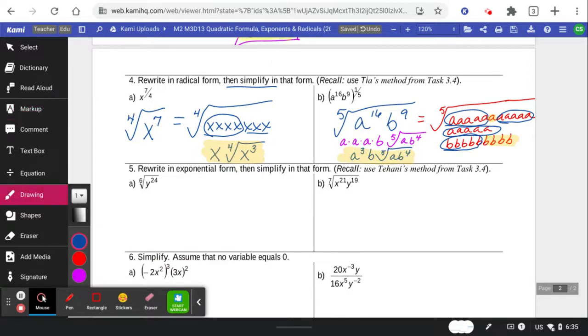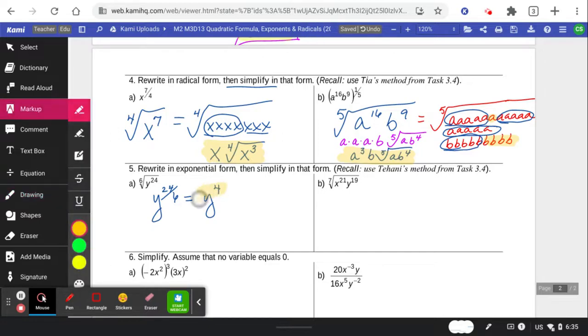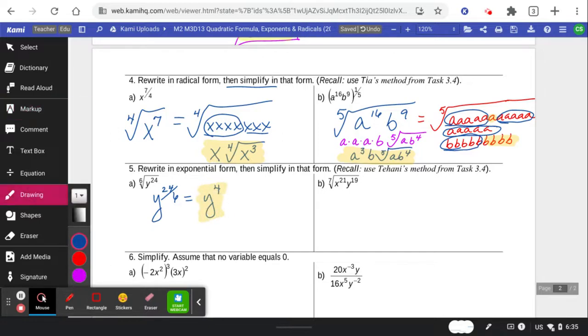Okay, next one wants us to rewrite it the other way into exponential form. For example, y to the 24 over 6, and then to simplify. This is Tehani's method. What is 24 over 6? It's just 4, and so we're done. This next one is going to be rewritten as x to the 21 sevenths, y to the 19 sevenths.